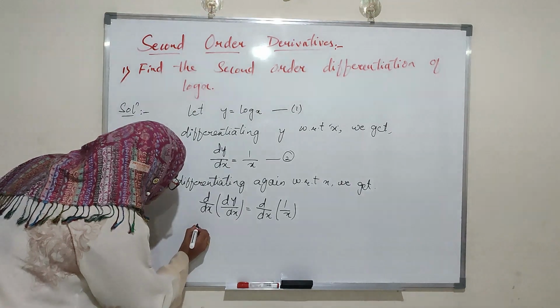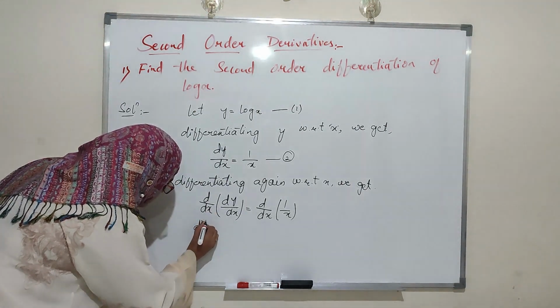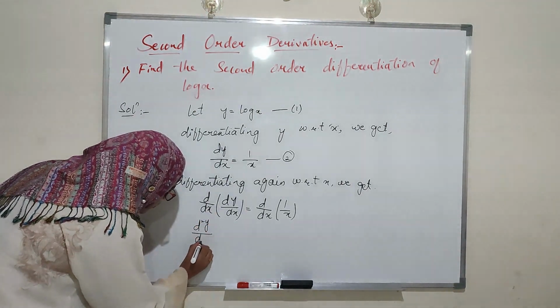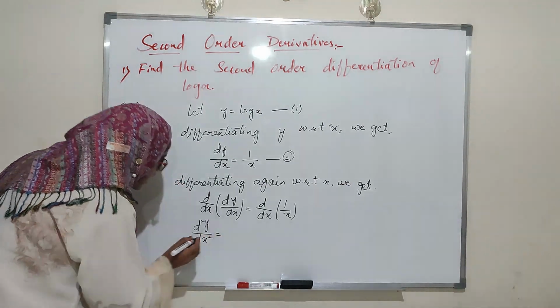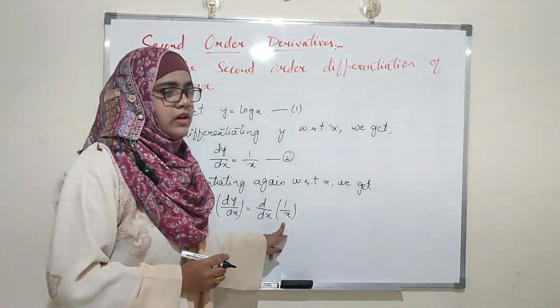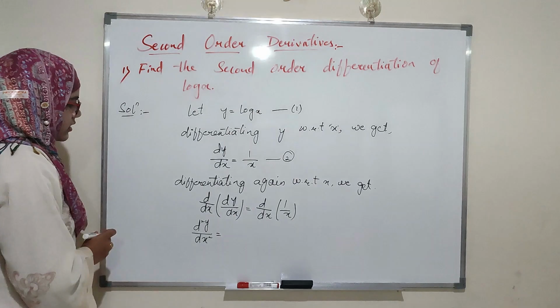So d2y by dx square is equal to, I am using here quotient rule.